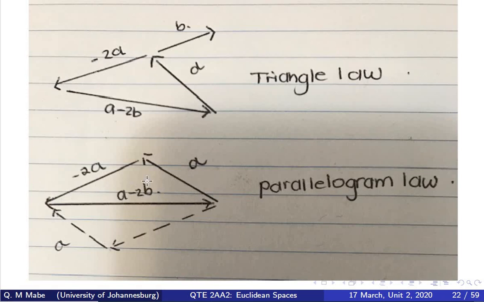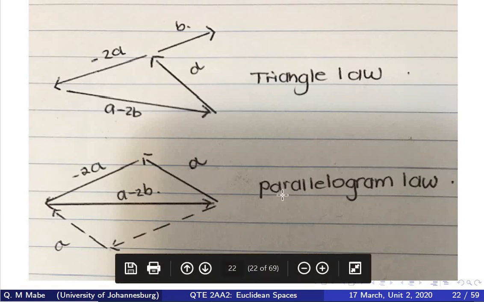But now because we want A minus 2B, the direction will change as it changed here. So it's A minus 2B, but it's going this direction, not the other direction. So that's how we will find the difference between two vectors using the triangle and parallelogram law.